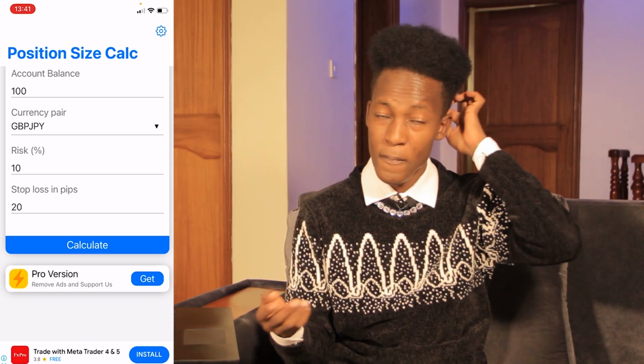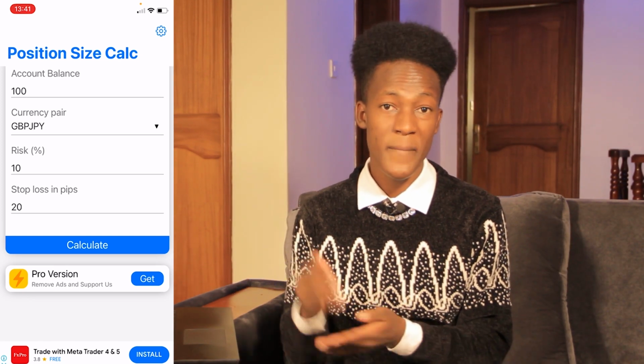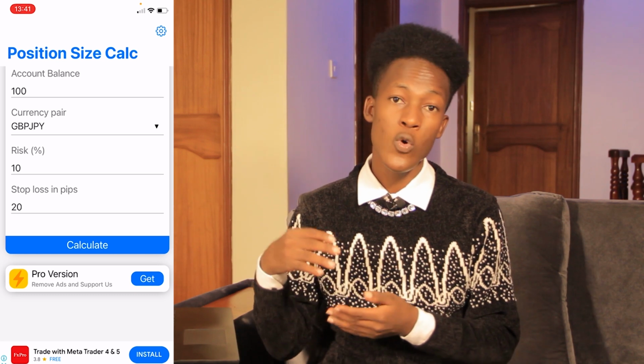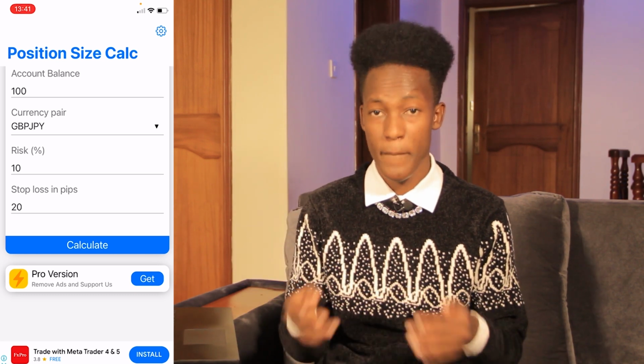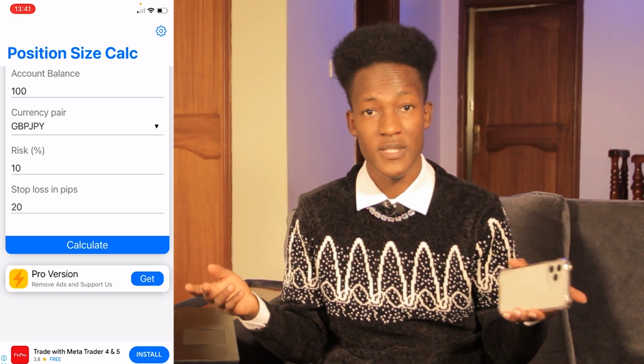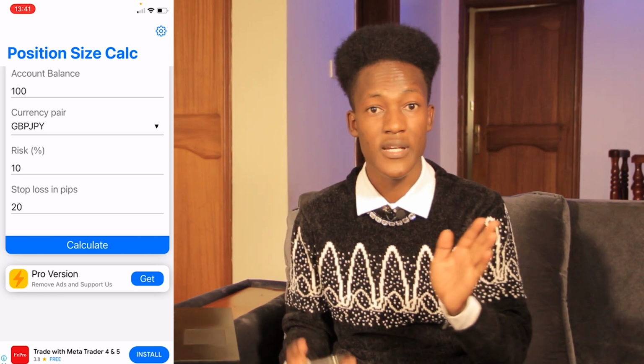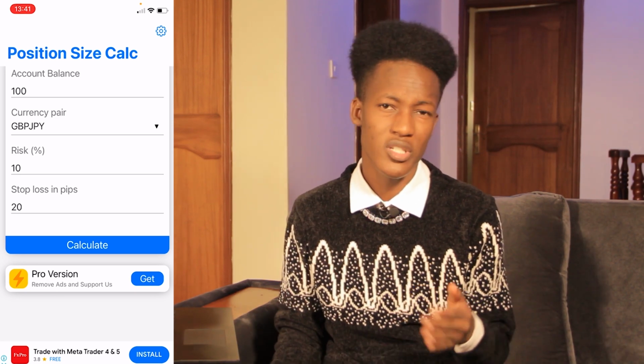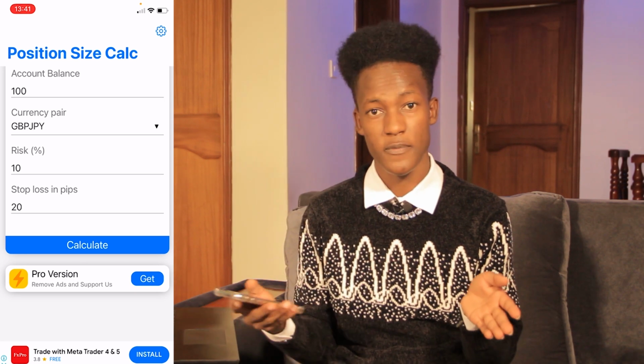And if it's too big, you are exposing your account to bigger risk. So it all comes down to having a moderate stop loss. It can range between 20 to 25 pips. I'm setting a stop loss of 20 pips, and I press calculate.